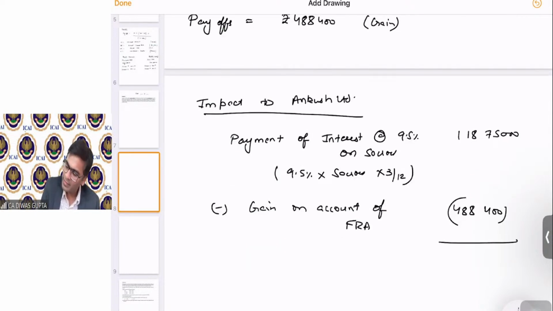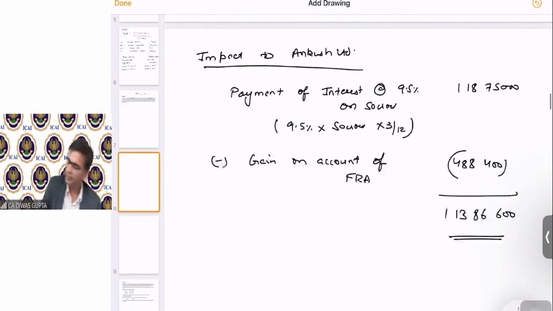So net level it is 1 crore 13 lakh 86,600. Okay.